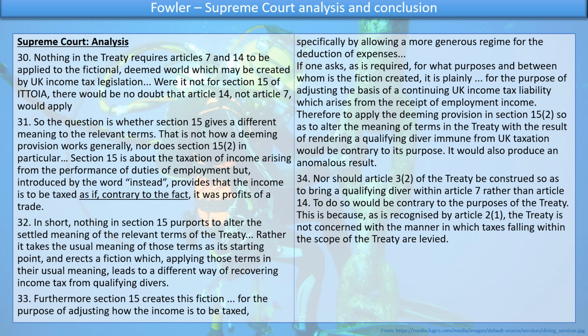Therefore South Africa wouldn't tax because they say, okay, the right of taxation belongs with the UK, not with South Africa, right? This is because, as is recognized by Article 2.1, the treaty is not concerned with the manner in which taxes falling within the scope of the treaty itself are levied. It is simply allocating who can levy.